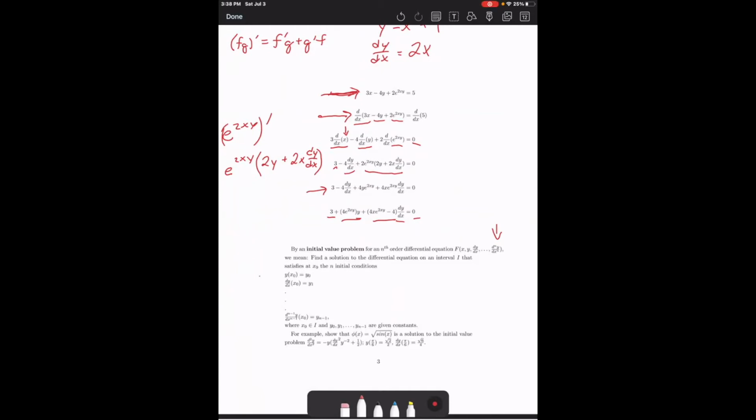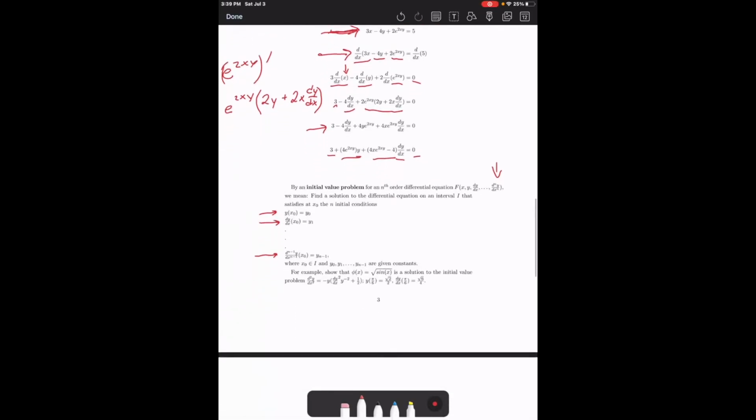We're going to be given what y is equal to. We're going to be given what the first derivative of y is equal to, all the way up to this penultimate or second last derivative with respect to x, the n-1th derivative. If we're given all those values, we're actually able to plug them in to solve for the nth order differential equation.